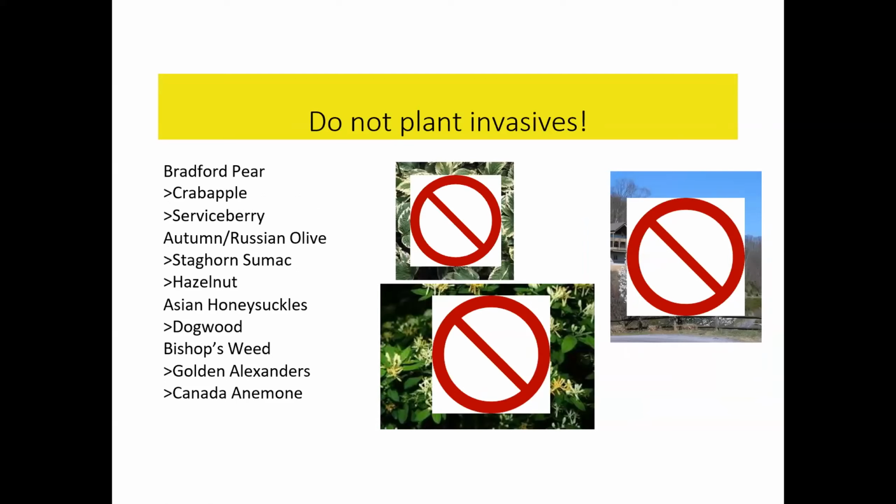Another one that has been overplanted and is very much problematic is the Bradford pear. I wish you could see the picture on the right, but if you go through certain areas this time of year, Bradford pears are in full bloom, and they are beautiful trees, but they are extremely invasive.